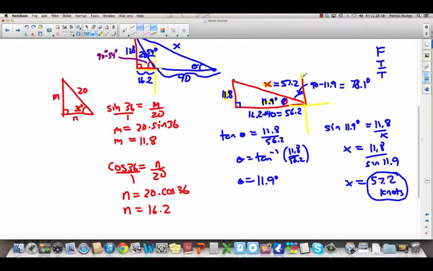North would be directly upwards. It's this much, 78.1 degrees west of north. So your bearing is north, 78.1 degrees west. You need to go 78.1 degrees west of north, right? You're not going in that direction. You're going 78.1 degrees this way, and that's the direction that the boat was heading in, and still is heading, I suppose. And so far it's gone 57.2 knots.